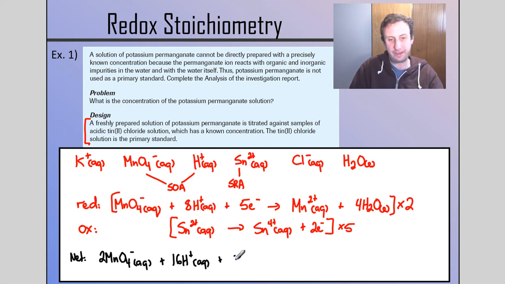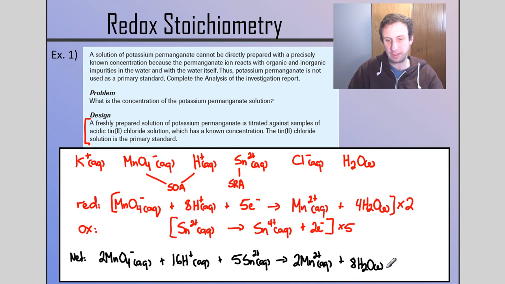I have 5 Sn2 positive aqueous. Hopefully I won't run out of room here with my reaction. which gives me 2 Mn2 positive aqueous, 8 waters, and I have 5 Sn4 positive aqueous.